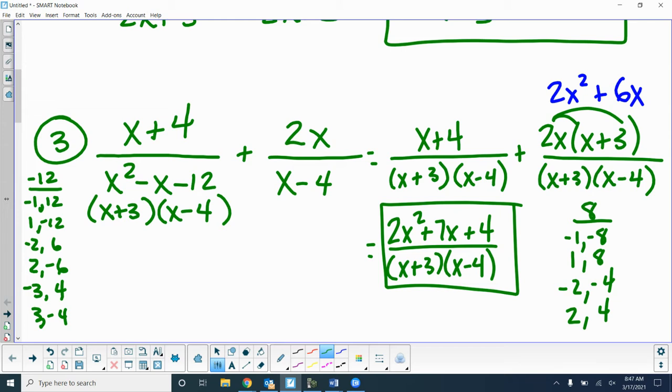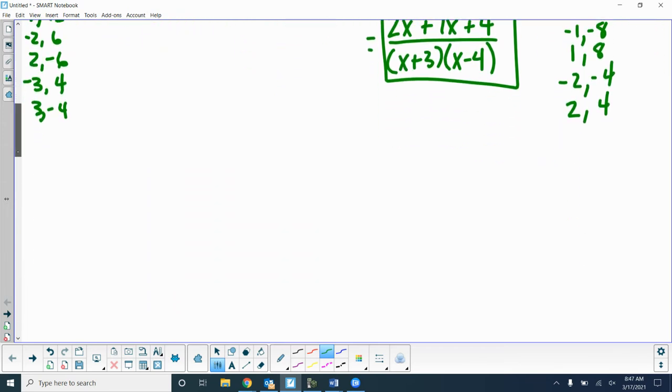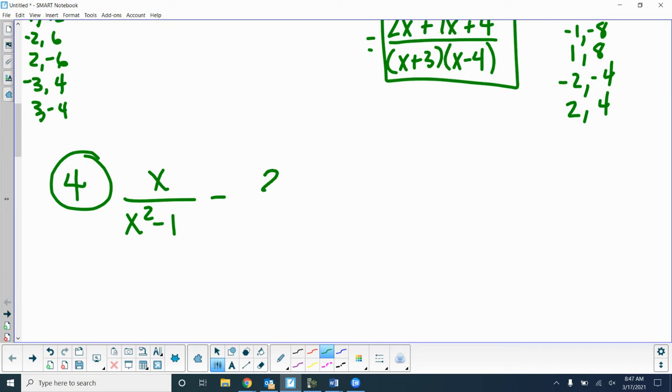Okay. Number 4, we're gonna do the same way. Find the common denominator. So I've got x squared minus 1 and x plus 1. I can factor this as a difference of squares. Square root of x squared is x, square root of 1 is 1, one's addition, one's subtraction.